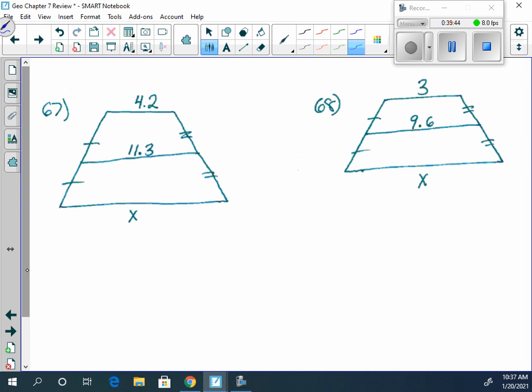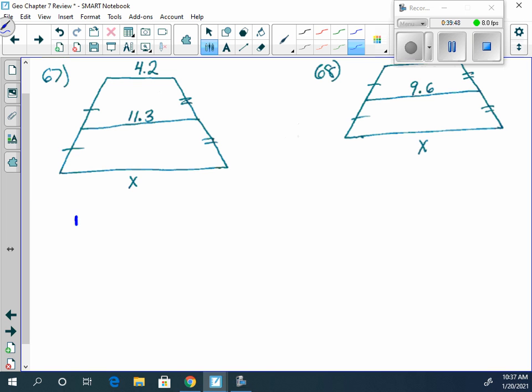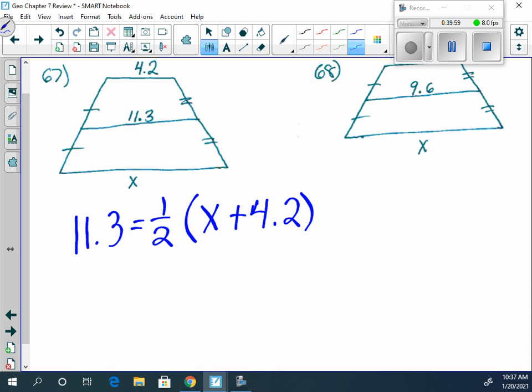Okay, well, 67 and 68 are a little bit different. We'll look at 67. Because it told us the mid-segment is 11.3, yes? Well, it's equal to 1/2 of the sum of the bases, which would be x plus 4.2. Now, this one here is not as nice.